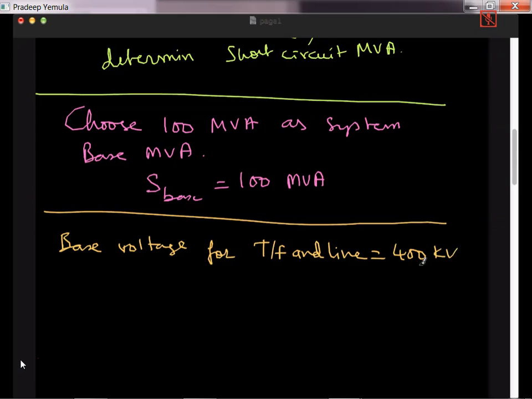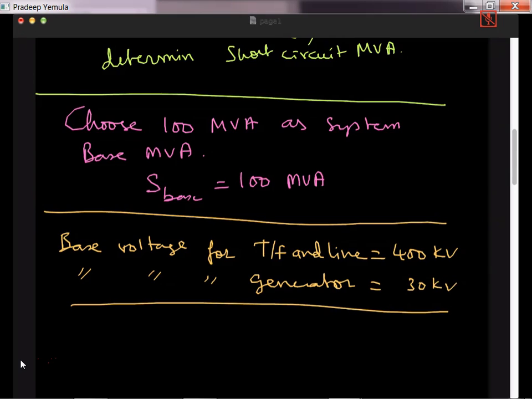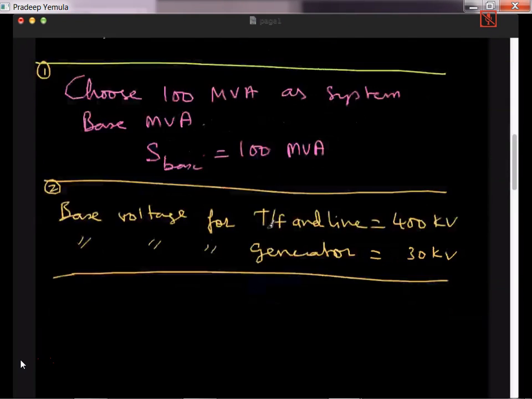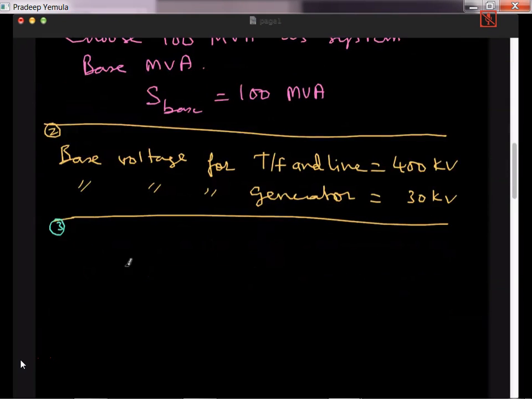So if I choose it like this, then base voltage for generator will be 30 kV. So that is it. So this is the second step. So this is the first step, this is the second step. Now what happens in the third step? Third step, I will calculate the per unit impedance of generator 1.